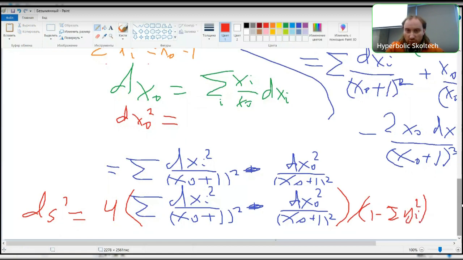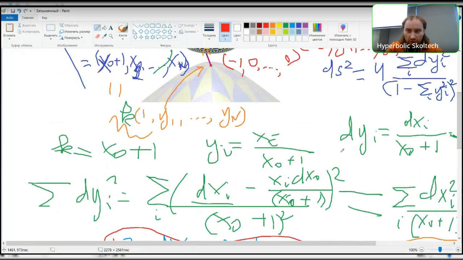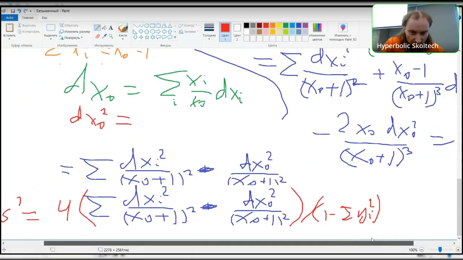And actually sum of yi squared is what? So they are here. And so that's how this ugly x0 plus 1 squared will be eliminated.